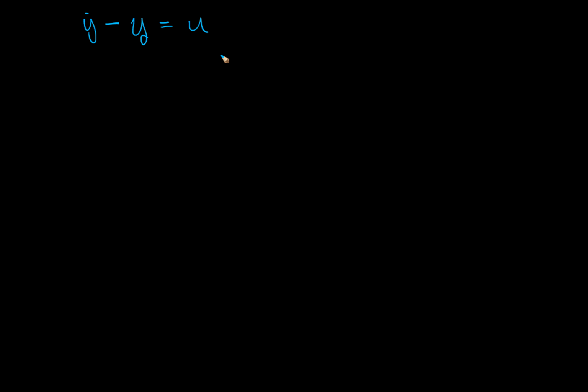Now if I want to compute the transfer function for that, I say, well, this is going to be, in the Laplace domain, s times Y(s) minus Y(s) equals U(s). Again, assuming initial conditions of y is 0, so that this is the differentiation rule.